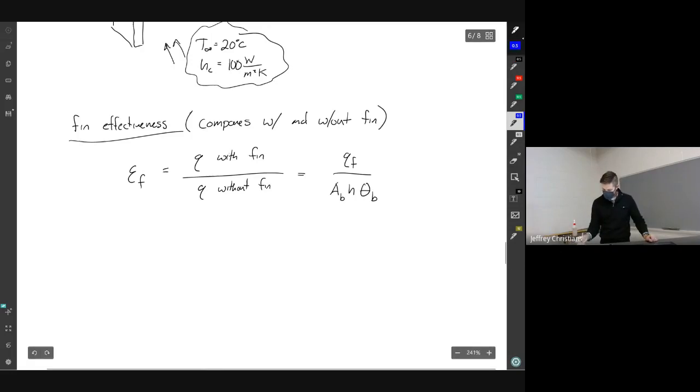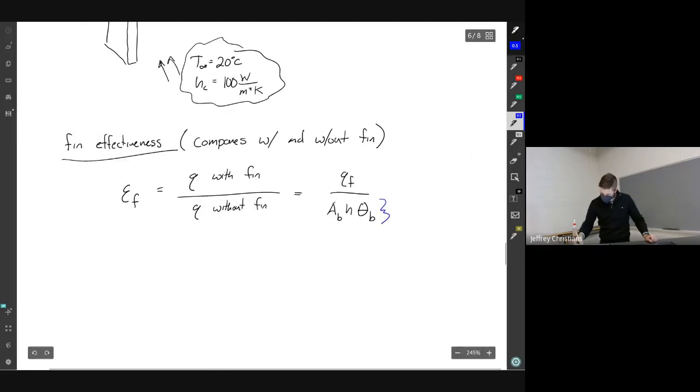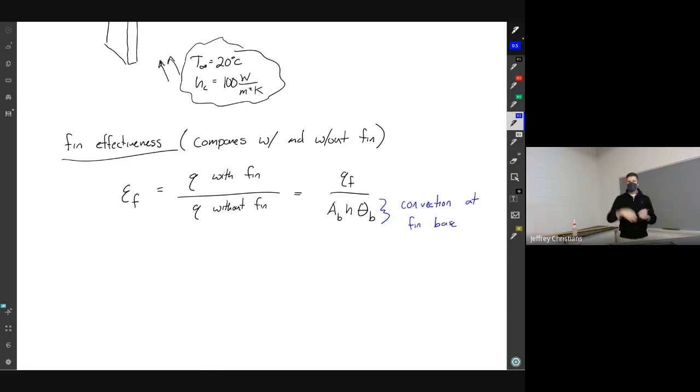So if we pop the fin off and we just looked at convection over that area, how would that work?